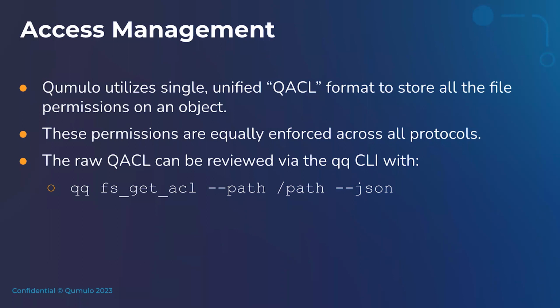It doesn't matter if you come in over FTP, S3, NFS, or SMB, permissions are evaluated based on the single unified QACL format. Now, you can take a look at the raw QACL yourself by using the qq CLI. If you run the command qq fs_get_acl, give it a path and the optional --json flag, you get to see what the raw format looks like. I'll give you a quick example of that.